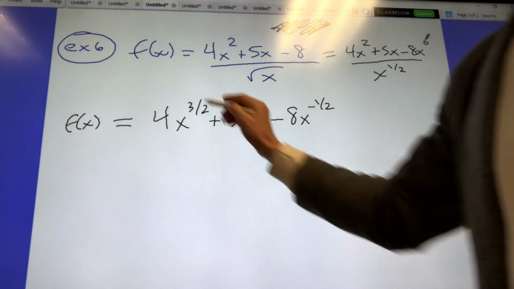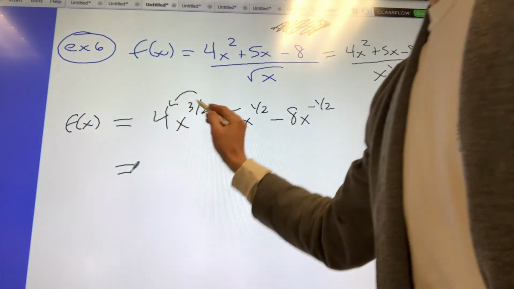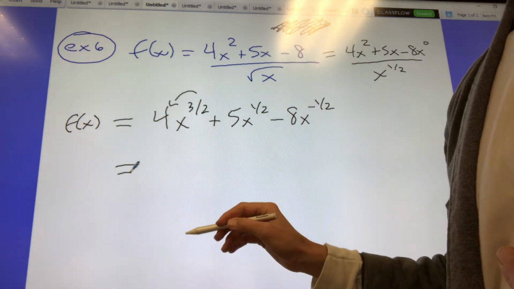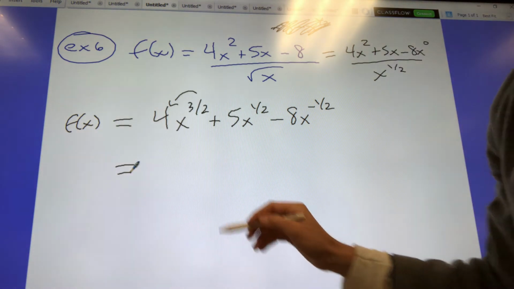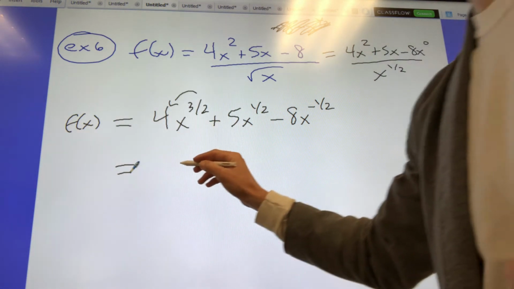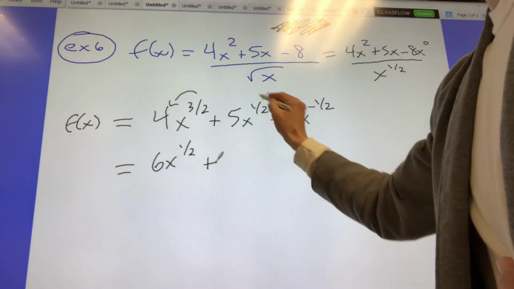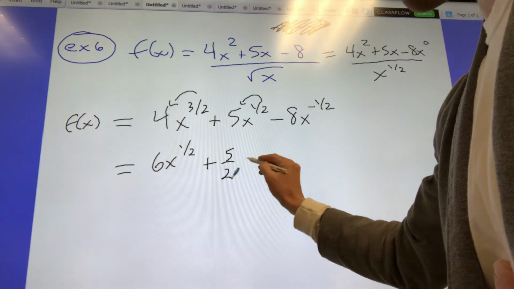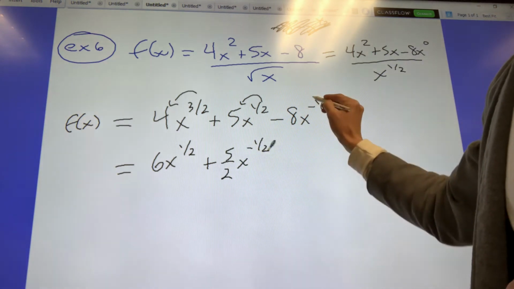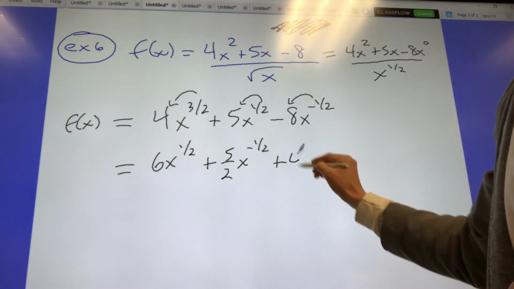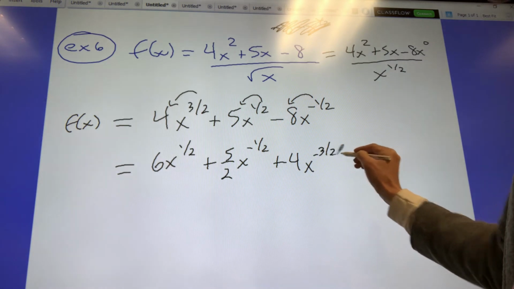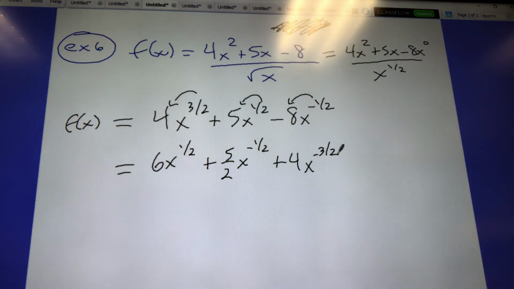All right. Bring down the power. 3/2 times 4 is 12/2, which is 6. X to the 1 power less plus 5/2 x to the 1 power less. Negative times a negative is a positive 1 power less.